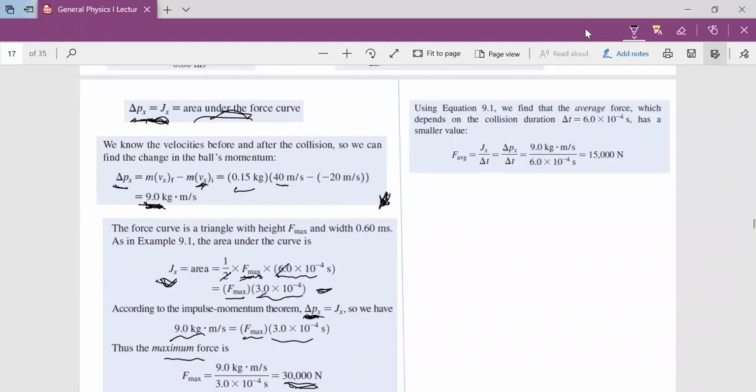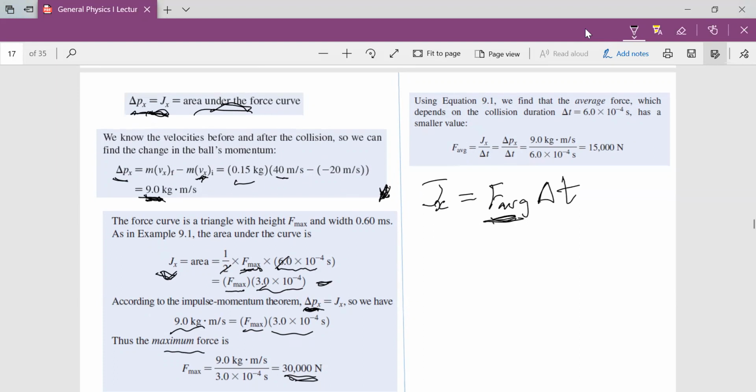So from the definition of impulse that we know before, we can look for our F average. Okay, so just make F average the subject of formula. That's how we got this.